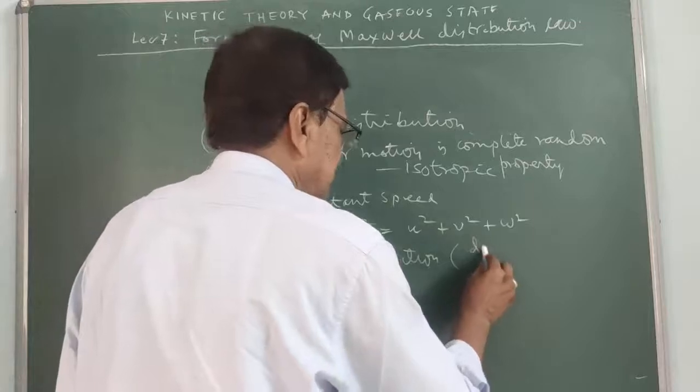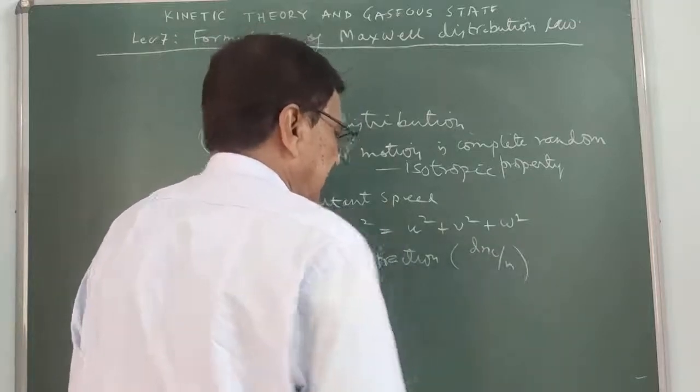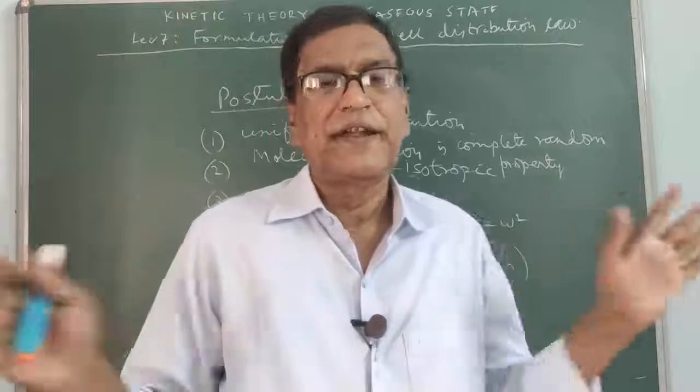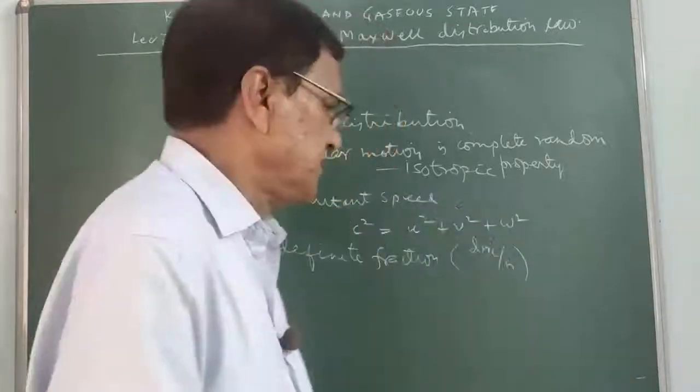say dN by N, always have a definite speed within a range.